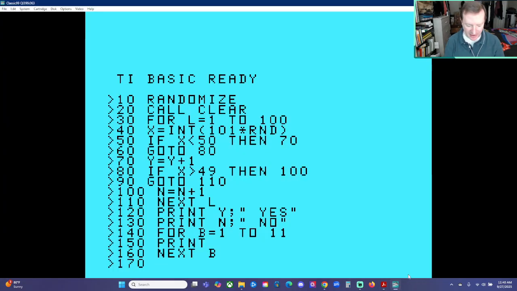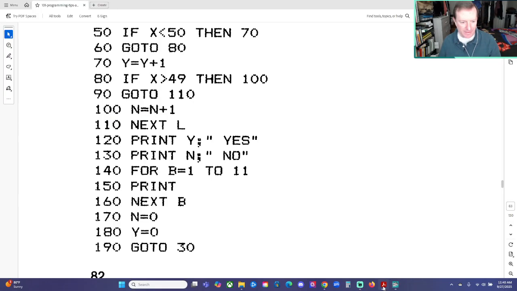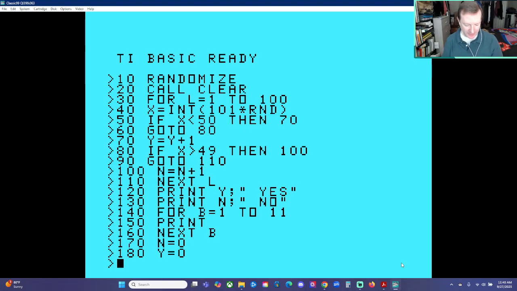This just resets the values for the next go around. And 190, GO TO 30.